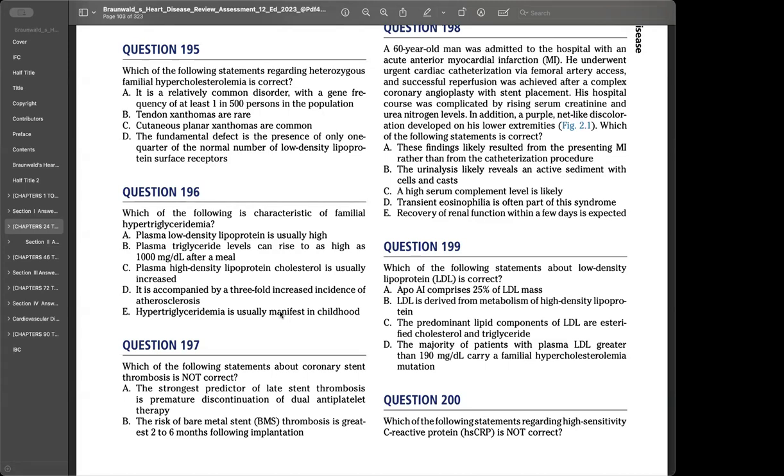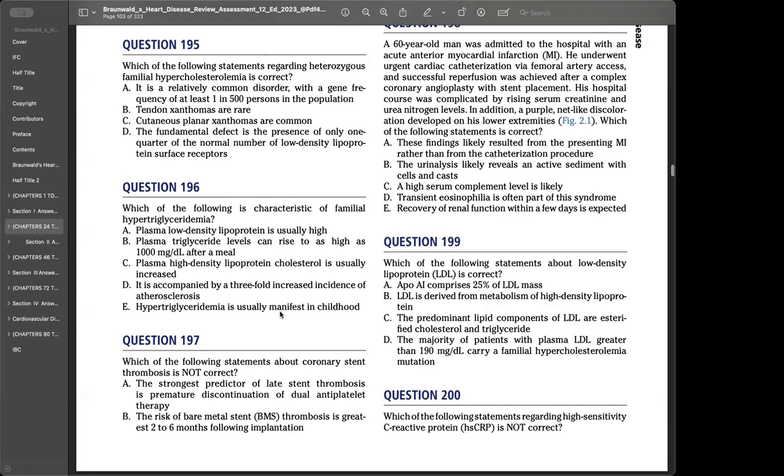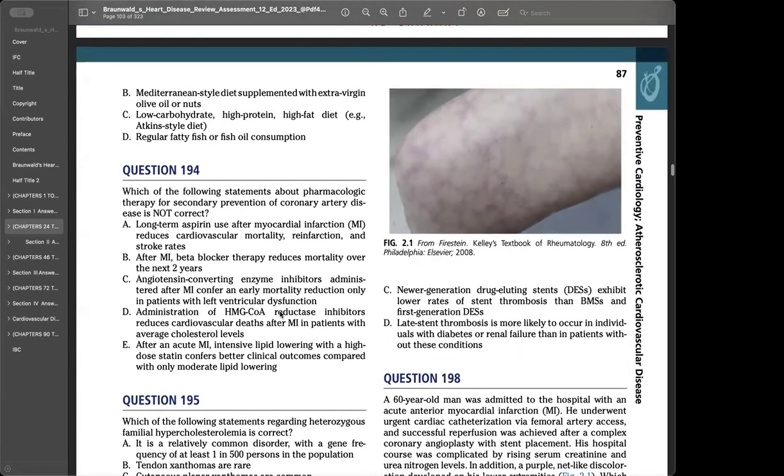B, the risk of bare metal stent thrombosis is greatest 2 to 6 months following implantation. C, newer generation drug-eluting stents exhibit lower rates of stent thrombosis than bare metal stents and first generation drug-eluting stents. D, late stent thrombosis is more likely to occur in individuals with diabetes or renal failure than in patients without these conditions.